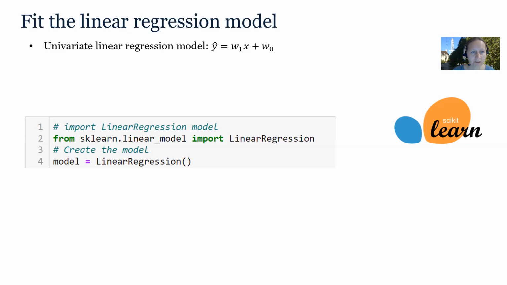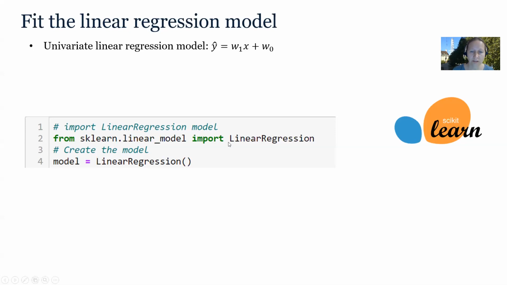So we said that we would choose a linear regression model, and because we have only one feature, this model will be univariate. So here is the equation. This is the feature, this is the target value, and we have two parameters, W1 and W0.